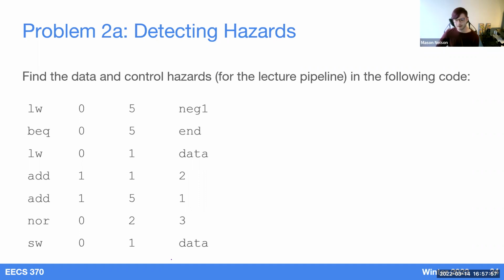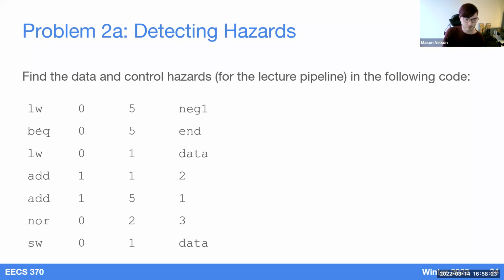And so I think the algorithm's pretty easy. Our main question for data hazards, at least, is: is the value that we're reading being read after it's been written back? And then for control hazards, we just look at every single branch that we have.